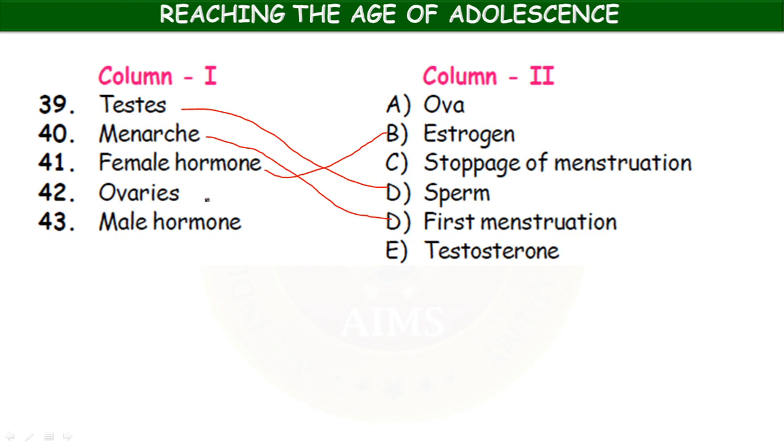Ovary is a female reproductive organ which produces ova. Male hormone is testosterone.